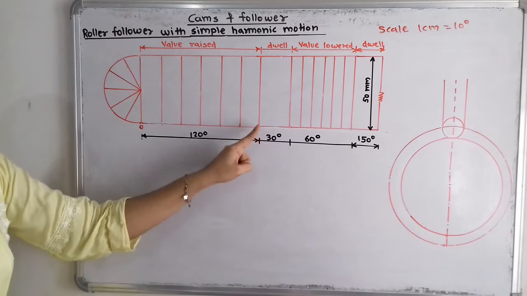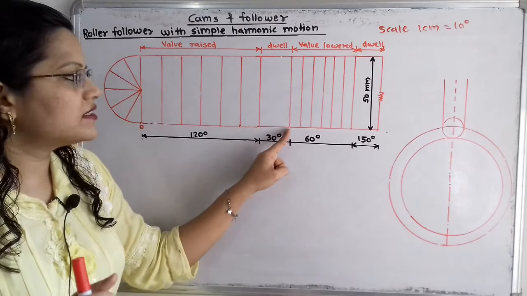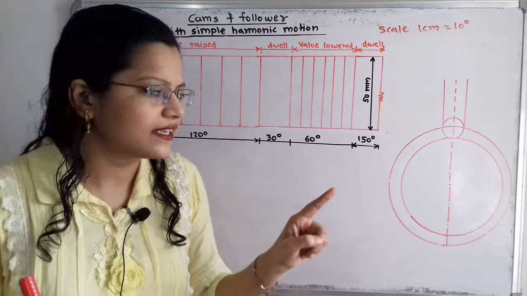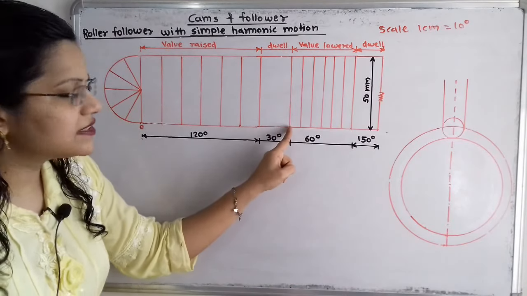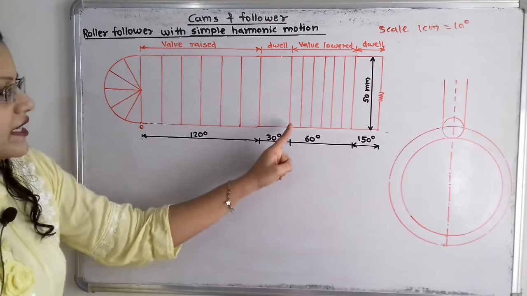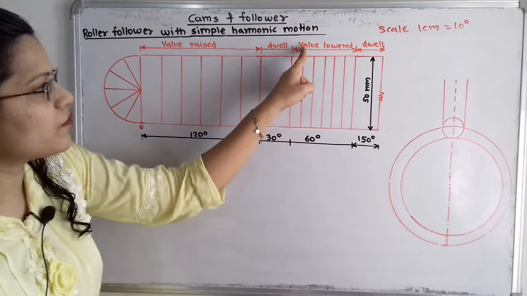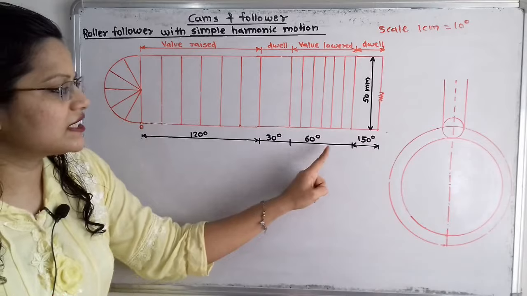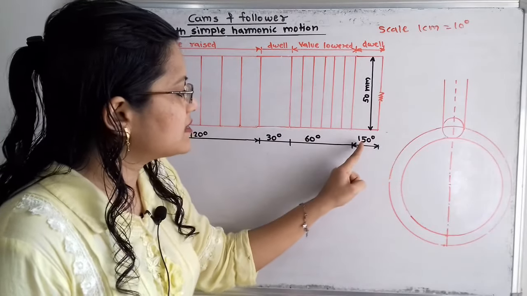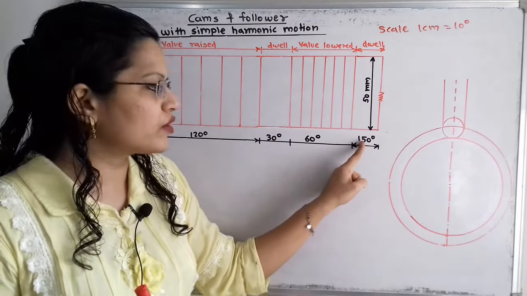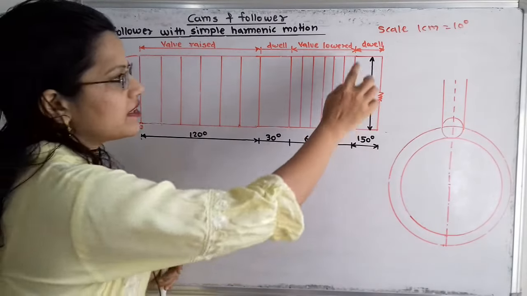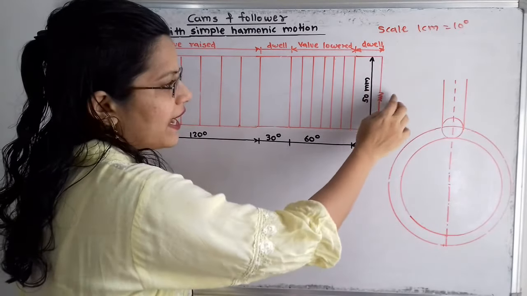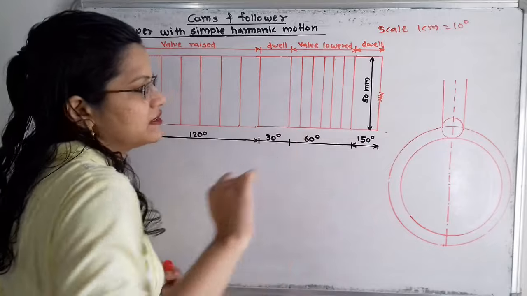Then for the period of dwell, that is when the follower is at rest, the distance is 3 centimeter for 30 degree. Next for the return stroke or wall lower, the distance is 6 centimeter for 60 degree, and the next distance is 15 centimeter for the 150 degree. This is the dwell period, so I have minimized this total length.